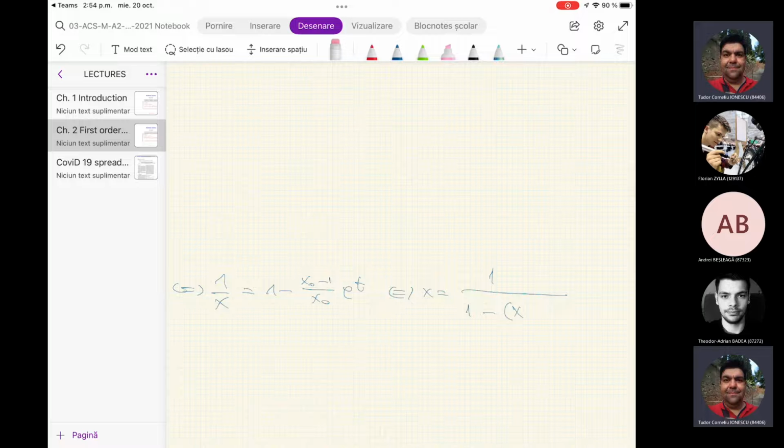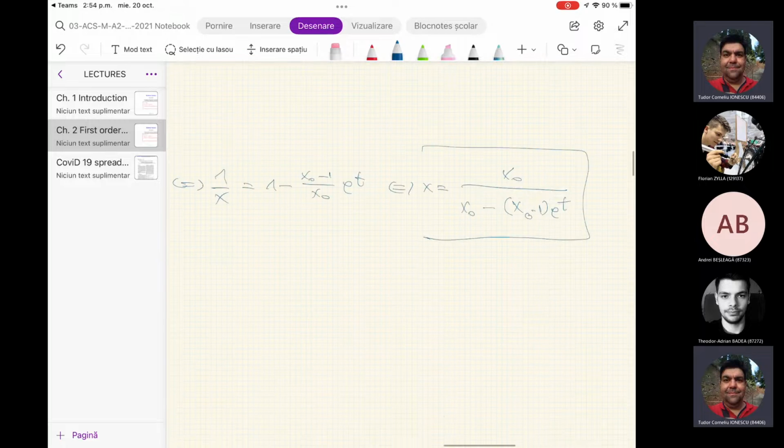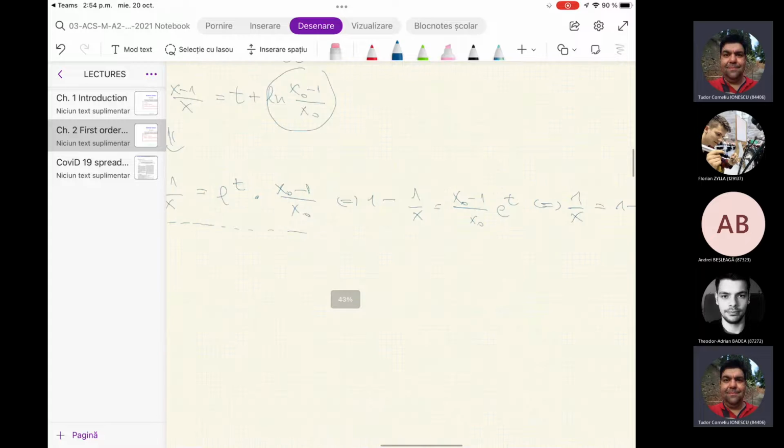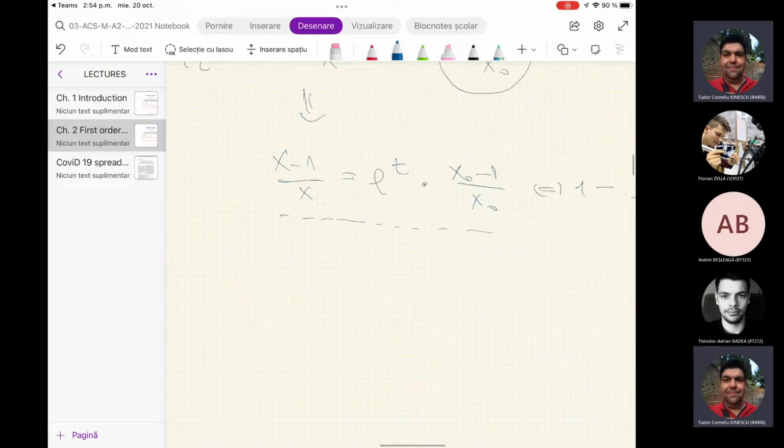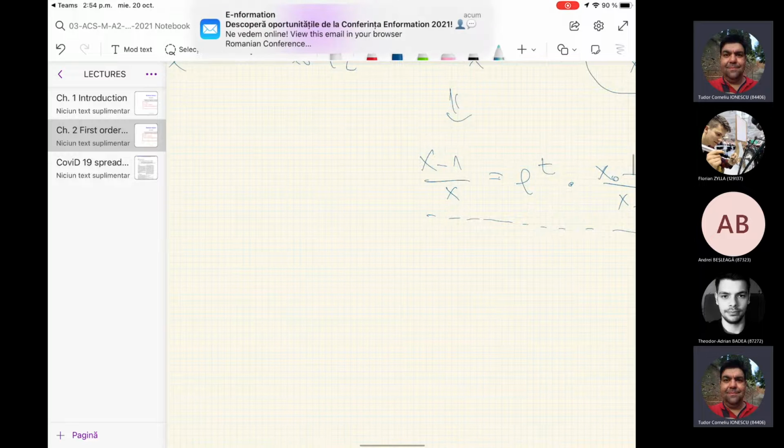Let's just do the full computation. Let's say here x naught, and here again x naught, x naught minus 1. So this is a way to generally write such a solution. We have all the computations done for this equation.